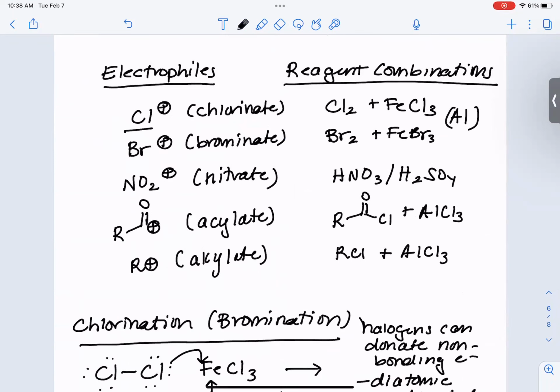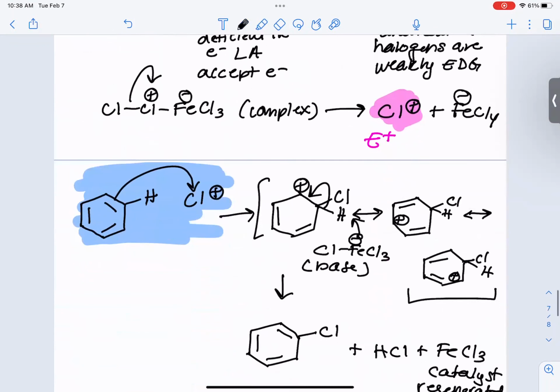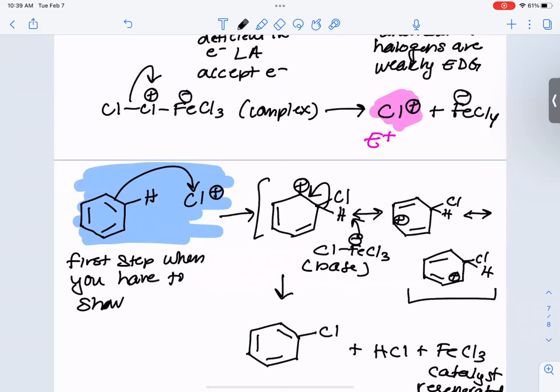If it's nitration, know that the NO2+ is the electrophile. I'm going to show you in each of these cases how to make the electrophile, but from a mechanistic standpoint, you don't have to draw it. So this is going to be the first step when you have to show an EAS mechanism.